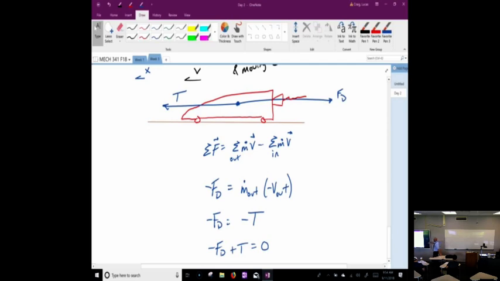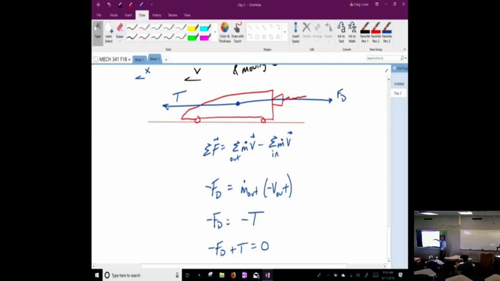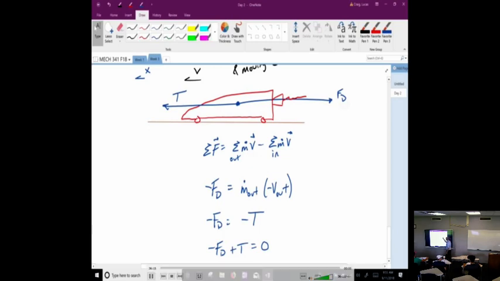So what I did here is, this is the equation I just showed you. In order to do this, this thrust would come off, that force. You do a control volume, and you look, okay, there's only one force, which is negative drag. Then you look at what's going in and out of that control volume in terms of the fluid.